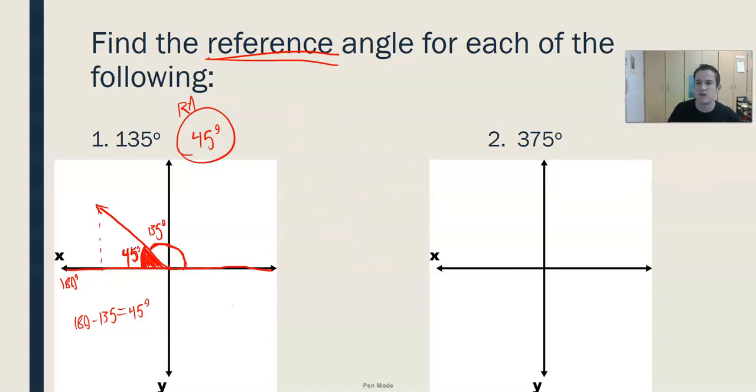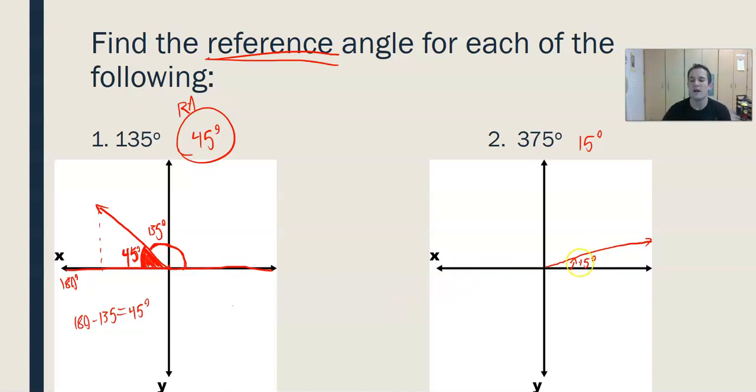Okay, let's do another one. 375 degrees. Well, 375 is more than 360, so I'm going to find a coterminal angle with 375 degrees that's between 0 and 360. So 375 minus 360 is 15 degrees. That's going to be right here-ish, 15 degrees.